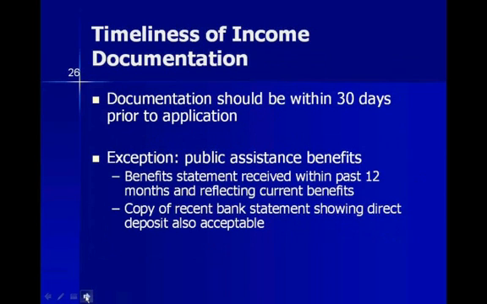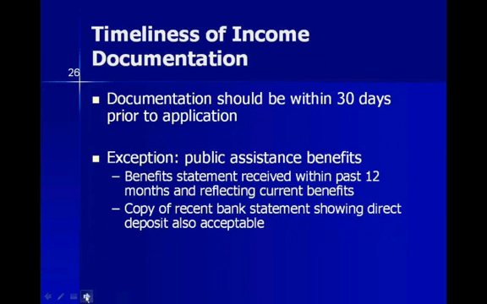However, it should be noted that for public assistance benefits, HUD recognizes that there may only be periodic issuances of a benefit statement or some documentation from the public assistance administrator.